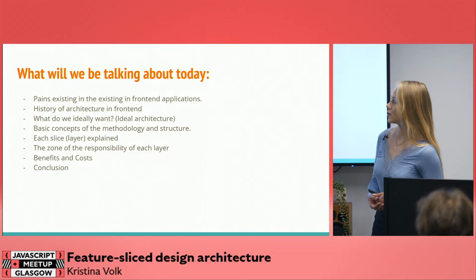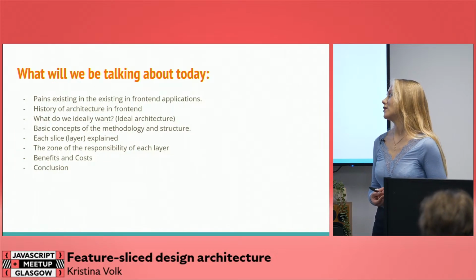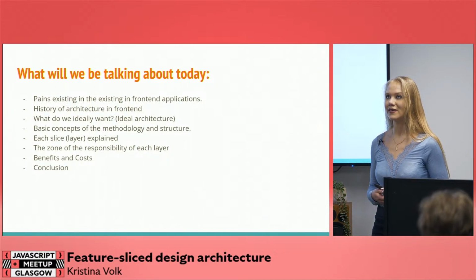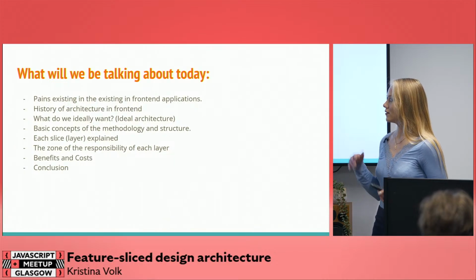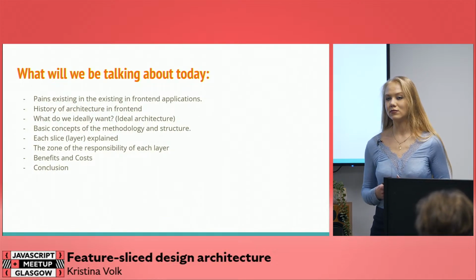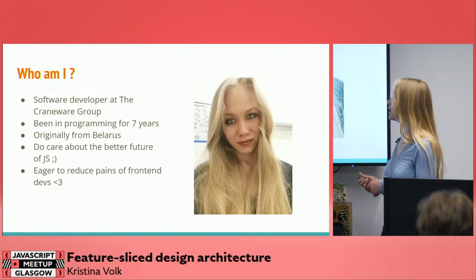Then I'll explain each layer and the responsibility of each layer. This is the base understanding of this architecture. Again, advantages and disadvantages, and conclusions, and some more stuff later.